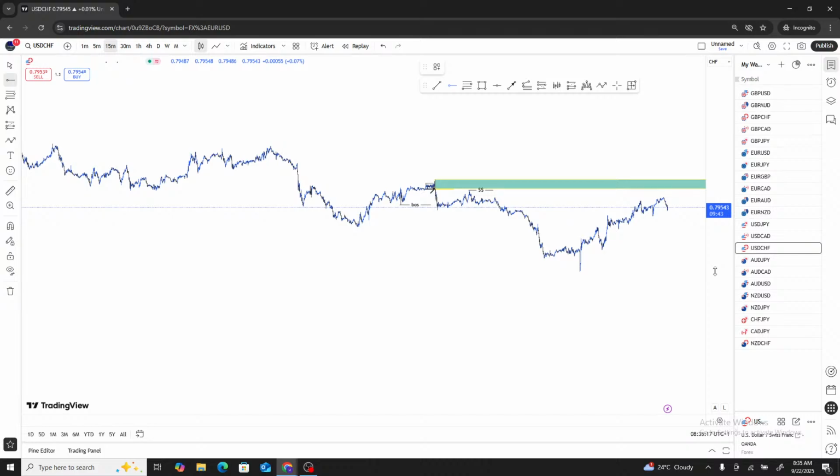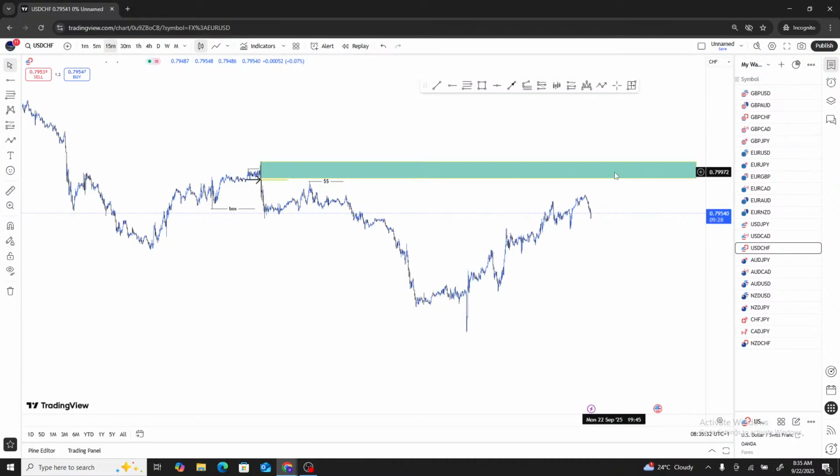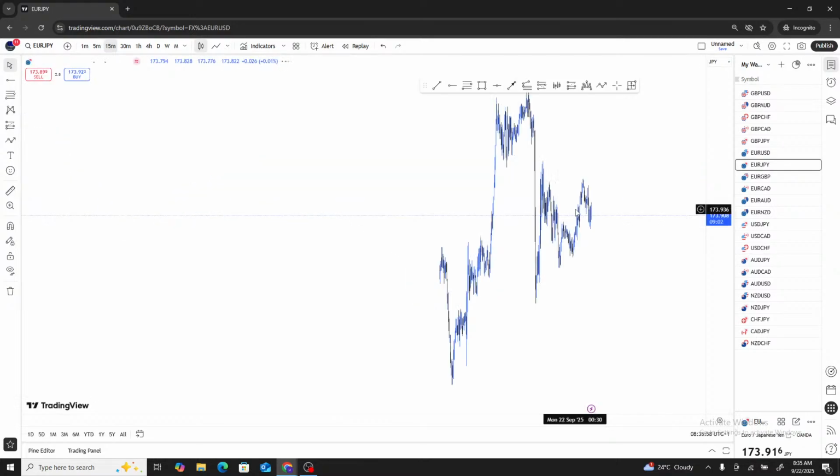Okay, so that is it for USDCHF. The analysis is still the same. We are just looking for better entries, which we found in this other block. This other block would be able to hold price because market is still in a downtrend. Euro JPY there. Let's see what it has for us.